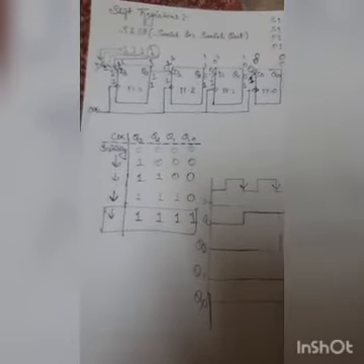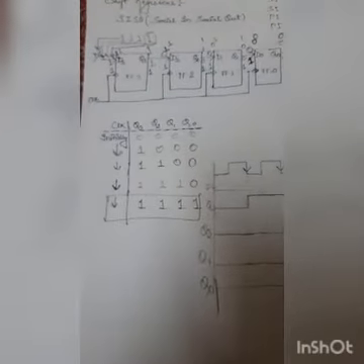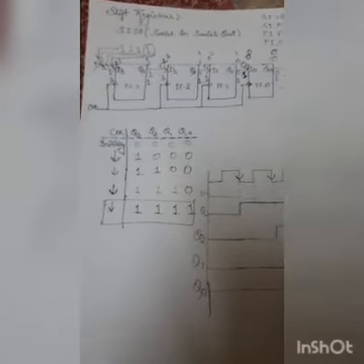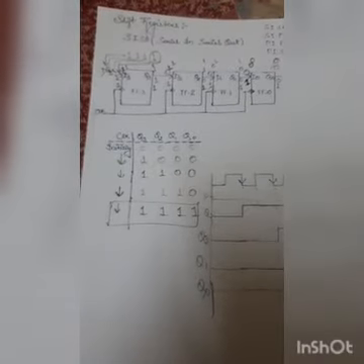First, second, third, and then fourth again. So Q2 is also 1, Q1 is also 1 and Q0 is also 1. So these are the waveforms for the serial in serial out shift register.